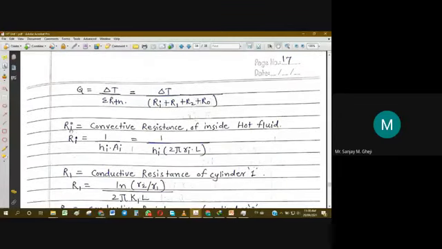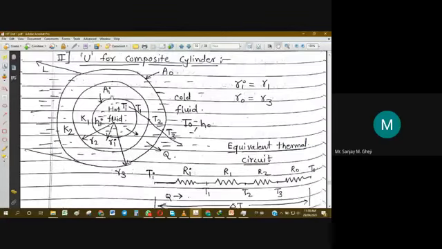Now see, Ri is the convective resistance of the inside fluid. Convective resistance is given by 1 upon hA, so here Ri will be given by 1 upon hi into Ai. In this case the area will not be the same for all the layers, because as radius increases, area will increase, since we are considering the surface area, and the surface area of a cylinder is given by circumference into length.